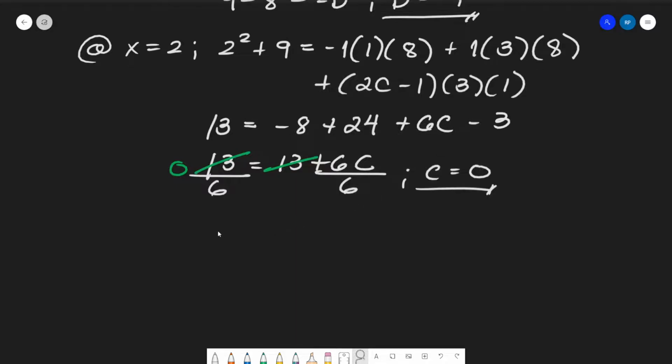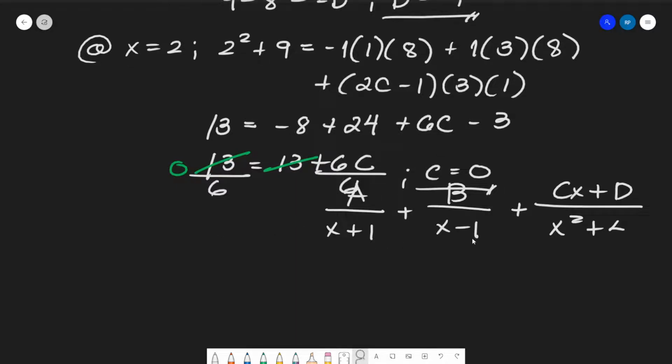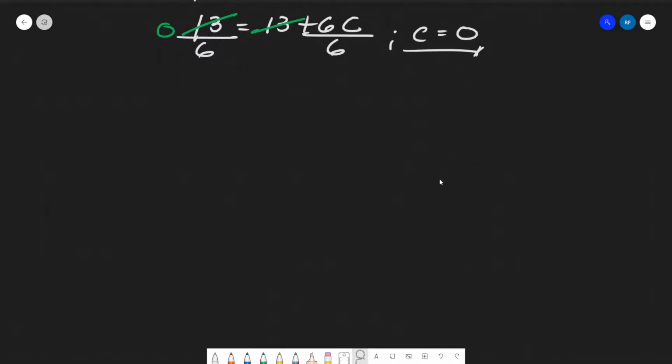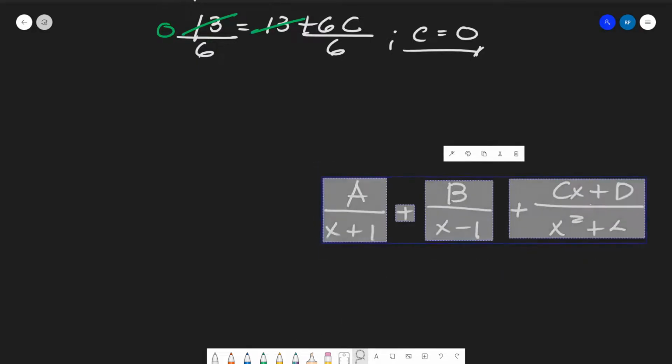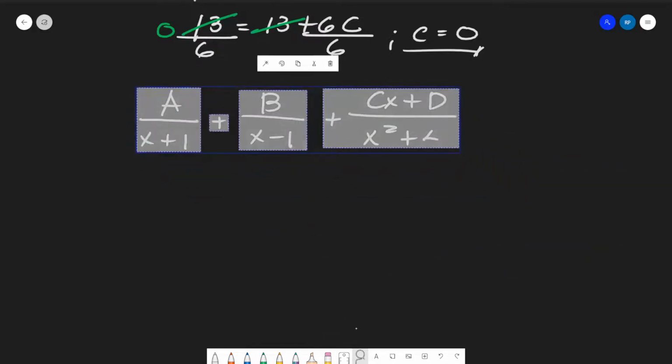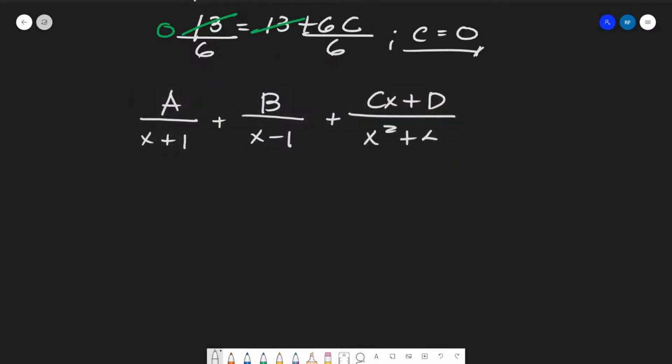So teka, ayusin natin. Ayan. So ayusin ko lang. Ayan, diba? So papalitan na lang natin ng mga nakuha natin.